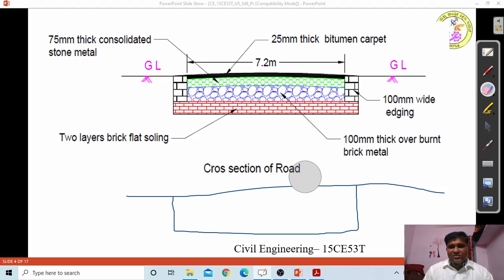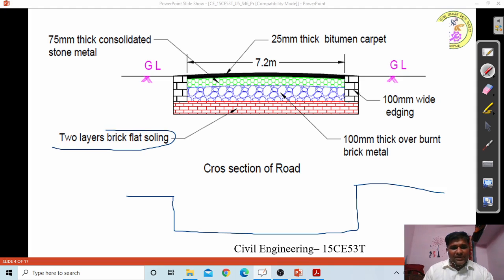So this total earth will be completely dug. Then I am going to put the bottommost layer of the road, that is two layers of brick flat soling, that is this layer.